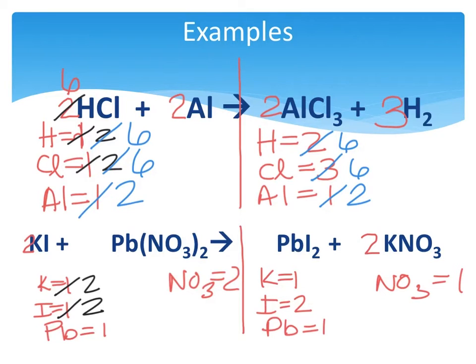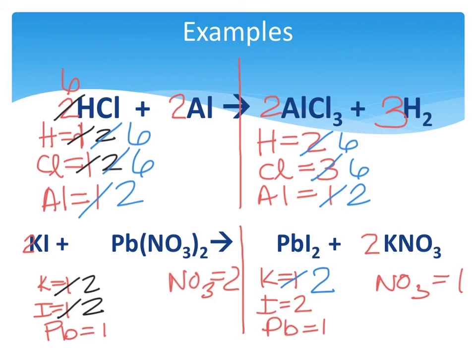Right, now we have to recount everything. Nothing's changed on this side because I haven't done anything to this side. We only have to worry about the other side. So my potassiums have changed to 2. I didn't touch anything of the lead and the iodine, so none of those species have changed.